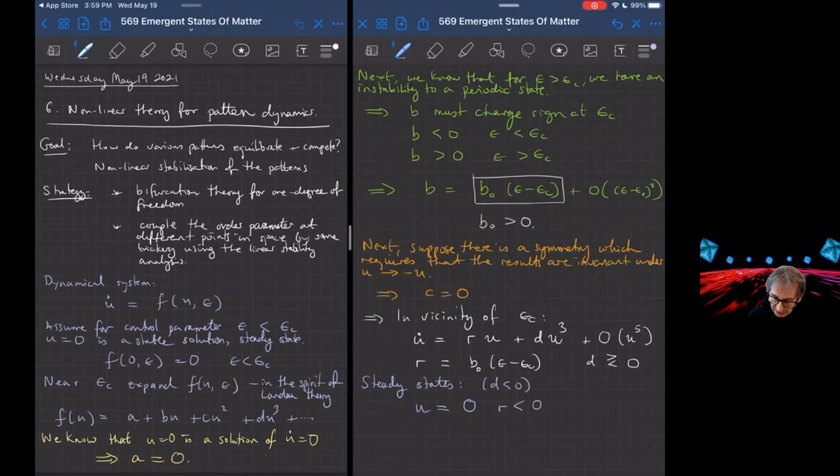On the other hand, if r is greater than 0, u could be 0 or plus or minus the square root of r over d, which is r over the absolute value of d when r is greater than 0. So that's one of the steady states.